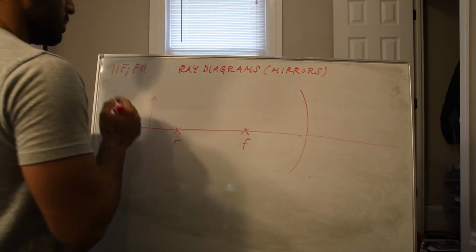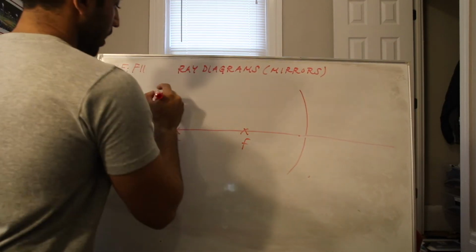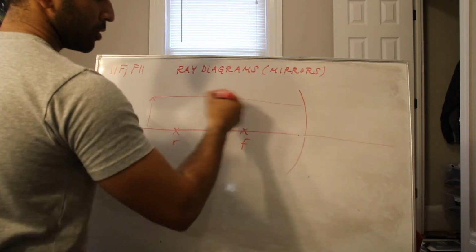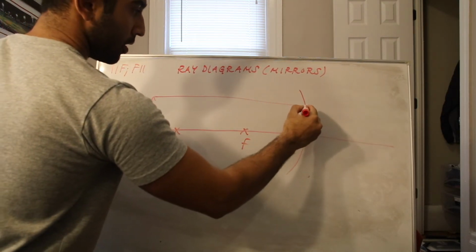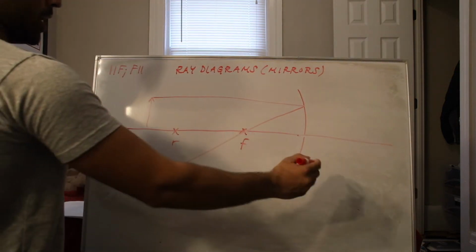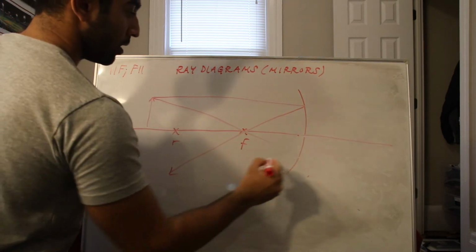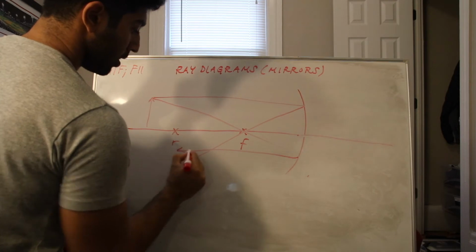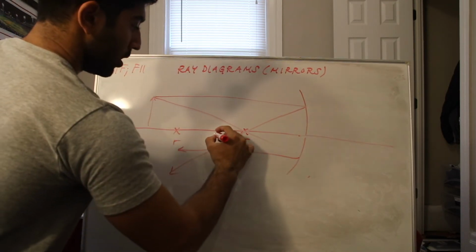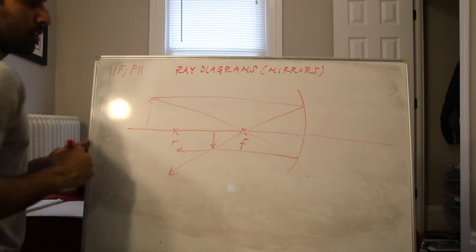You draw first a parallel line to the principal axis. A parallel line to the principal axis from your object will always go through F. So this ray bounces back over the mirror and goes through F. Then F parallel: I draw another ray, goes through F, hits the mirror, bounces back. Where these light rays converge is where the image is. So these converge here, so my image will look like that.